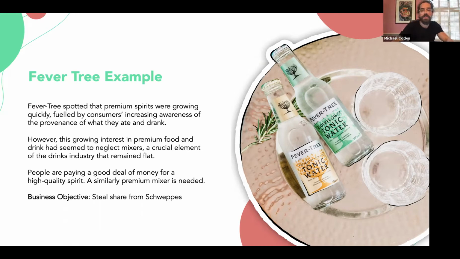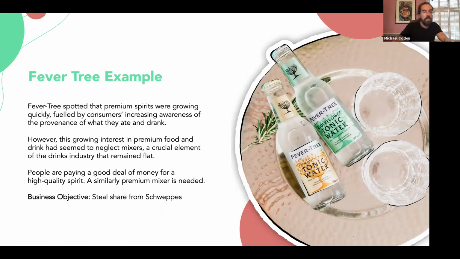They noticed that consumers are really willing to pay more for spirits, but they're still mixing their G&T with Schweppes. So there's a gap in the market for a tonic water to be as premium, as aspirational, and as good tasting as a good gin.